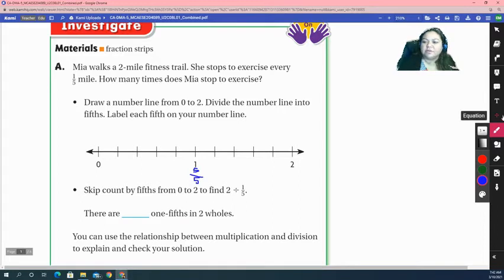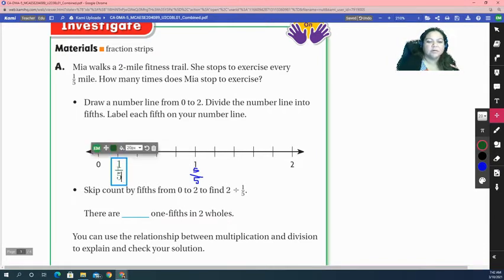Okay, to divide this, we just go 1/5, then it's 2/5, and we have 3/5, and we have 4/5, and this is our 5/5.